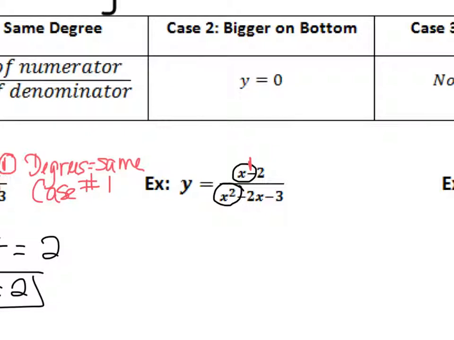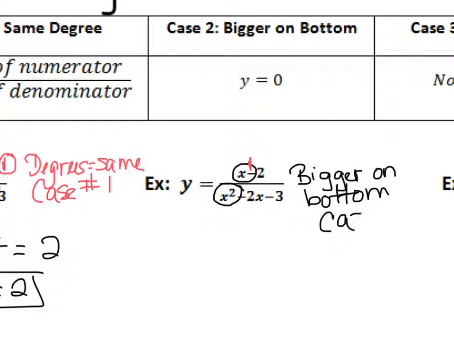So I'm looking at the fact that the degree is higher on the bottom, so bigger on bottom. And if you look at your 3 cases, we're talking about case 2. And whenever the degree is bigger on the bottom, our horizontal asymptote is y equals 0, every time.